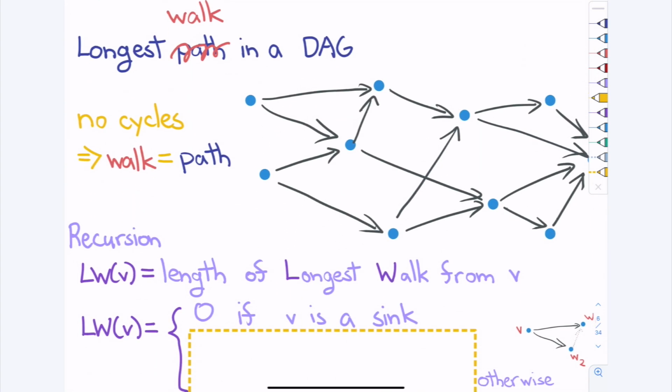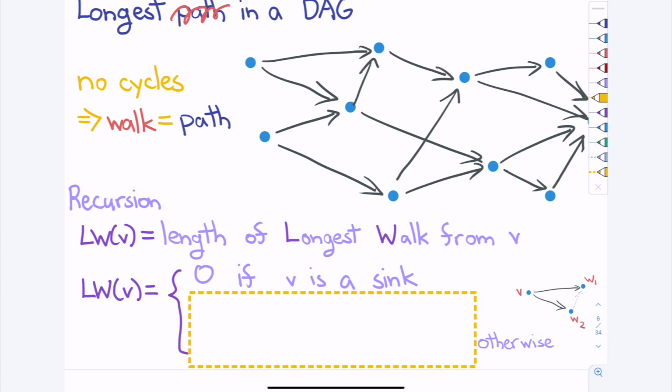What do I have here? Okay, so I have set up the recursive spec for us already, and at some level, we're going to fill in what was suggested. So I'm calling LW of a vertex V the length of the longest path starting at vertex V. LW for longest walk, now that we know longest path and longest walk are the same thing.